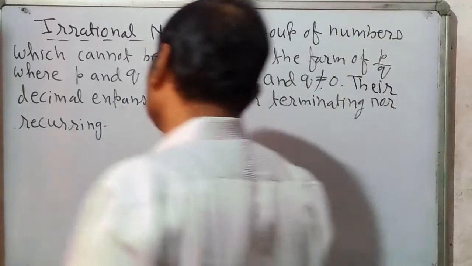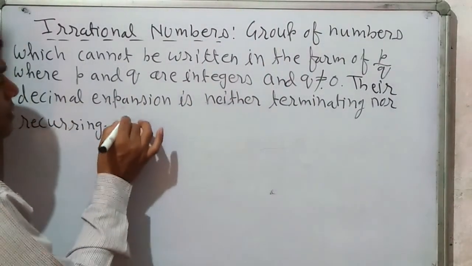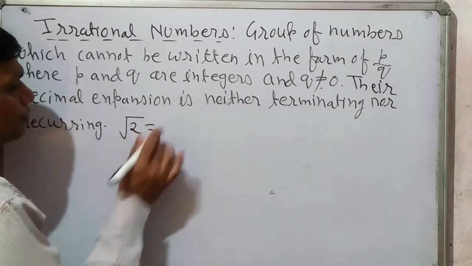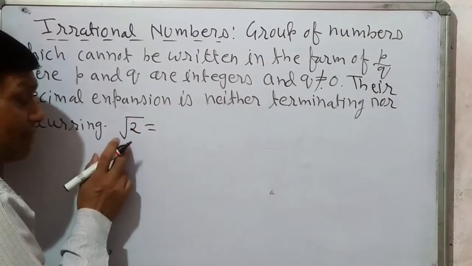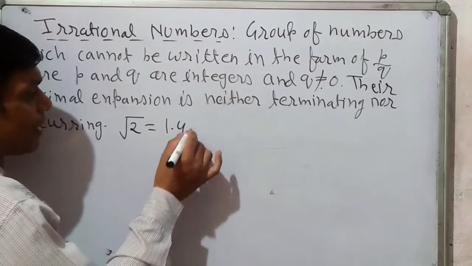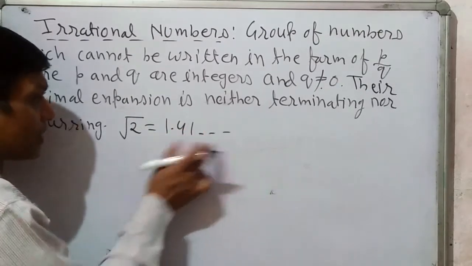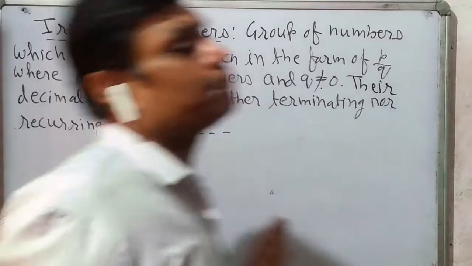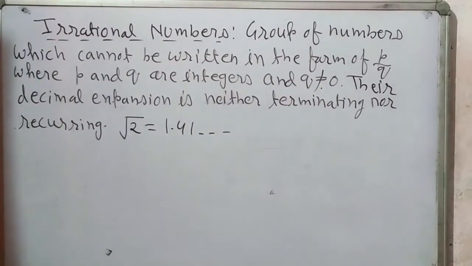Like, for example, if we take the number square root 2, when we find the square root, we know it comes as 1.41 and so on. The digits are not repeating after the decimal. No group of numbers is repeating after the decimal.